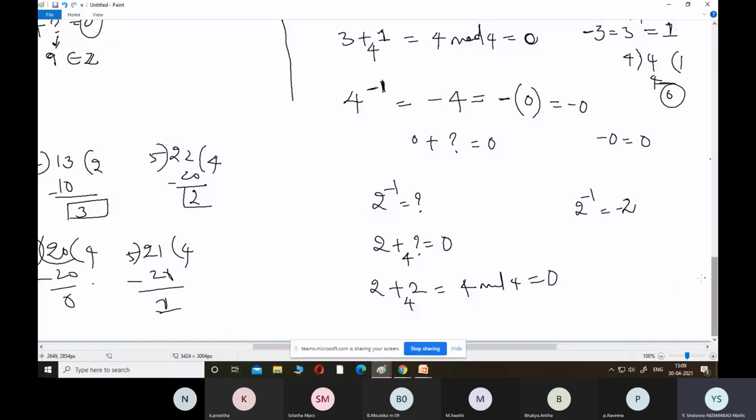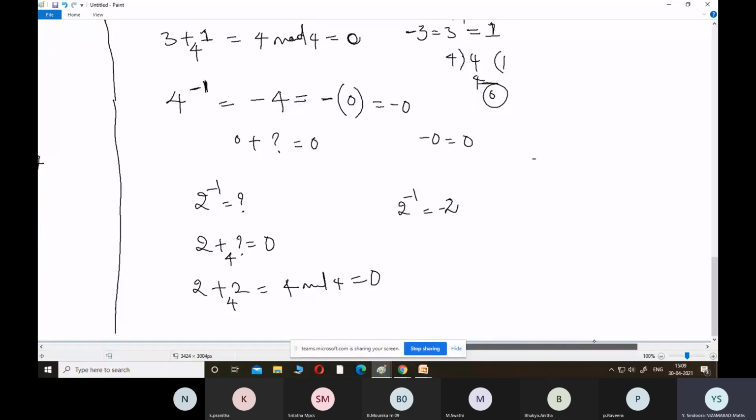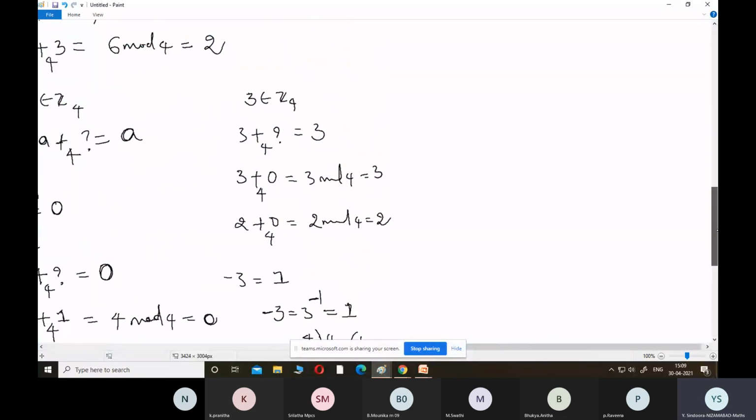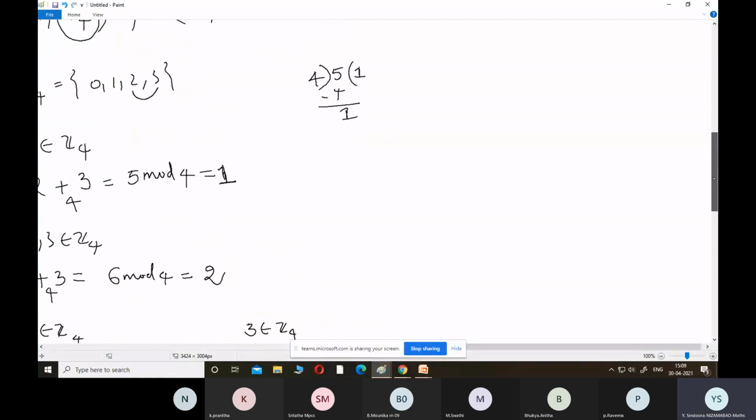Very good. Now let us go for the Cayley table. There I'll clear you out all your inverses and identity. If I want to form the Cayley table for Z4, the elements we have are 0, 1, 2, 3, that's it.